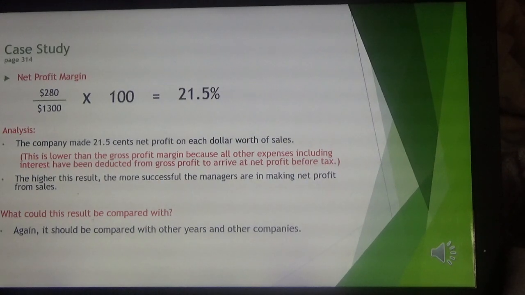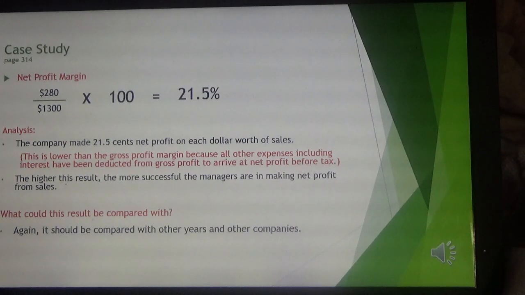The analysis is the company made 21.5 cents net profit on its dollar worth of sales. Okay. This is lower than the gross profit margin because all other expenses, including interest, have been deducted from gross profit to arrive at net profit before tax.